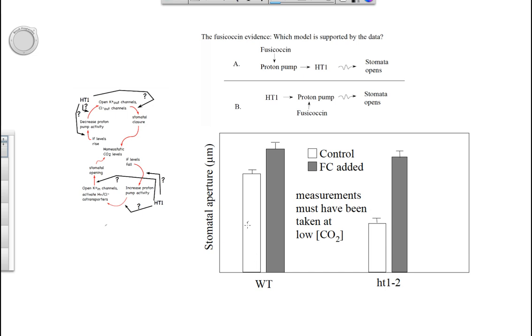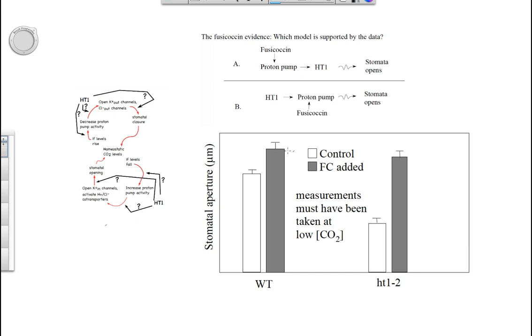But in the wild type, it's high opening, and wild-type plants only open their stomata when there's low CO2. So low carbon dioxide conditions, then you add fusicoccin. In both the wild type and the HT1-2 plants, you now have maximally open stomata.